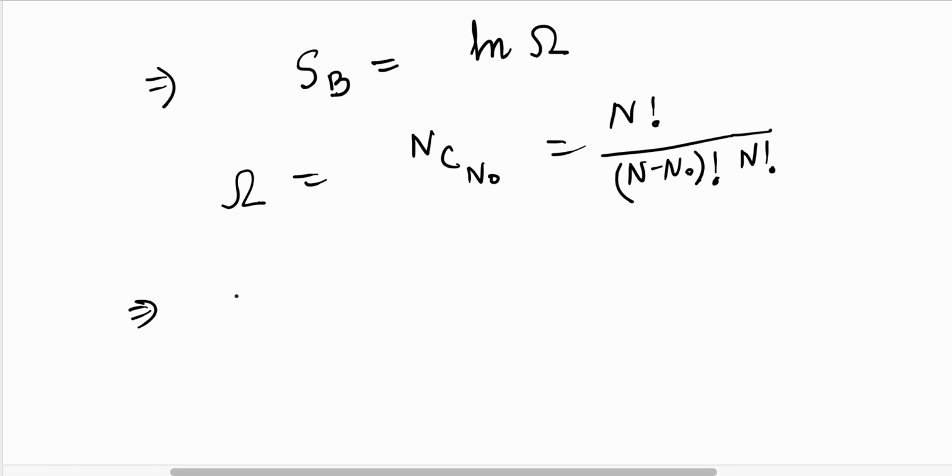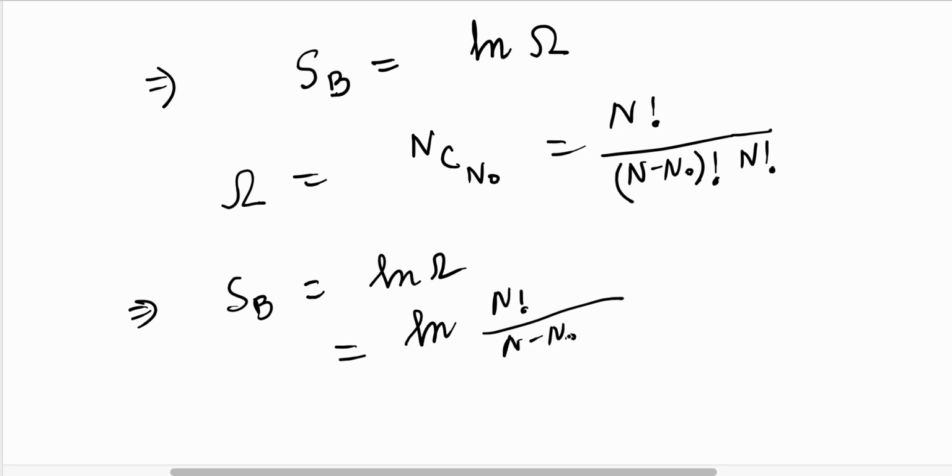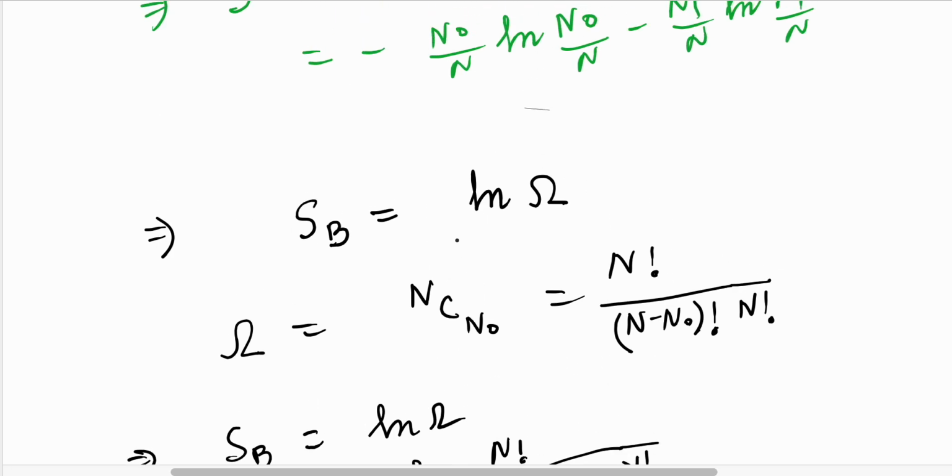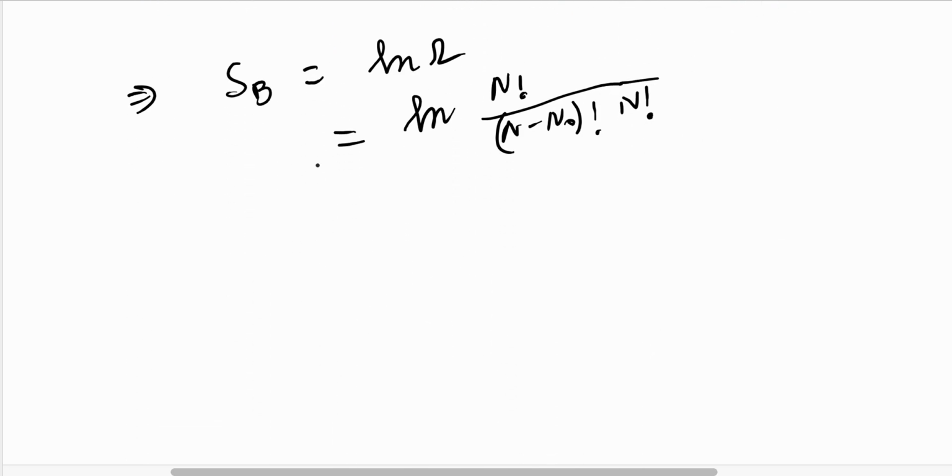So entropy will be SB equal to ln W, which is ln of n factorial by n minus n0 factorial n0 factorial. Now, all the things we observe in nature are in the thermodynamic limit. What do I mean by thermodynamic limit?